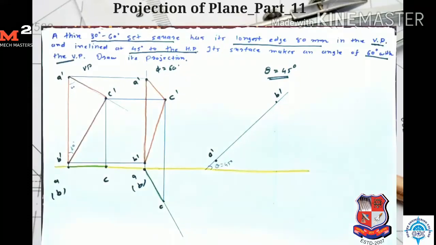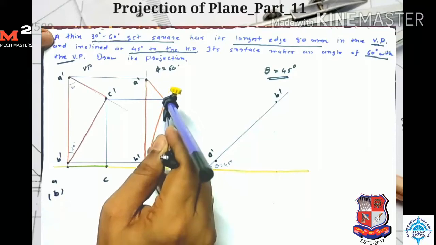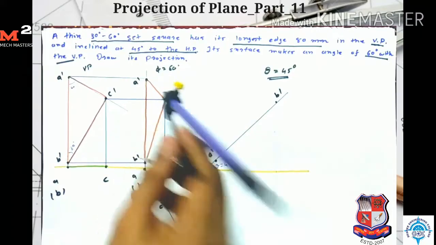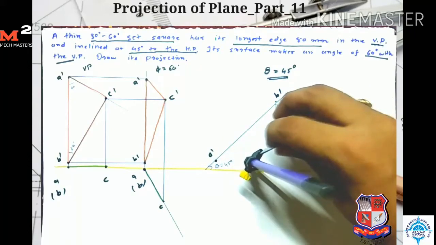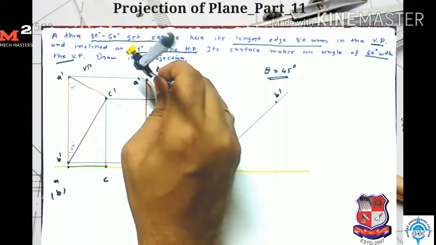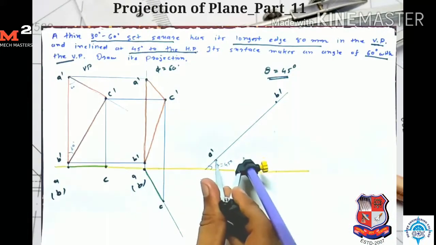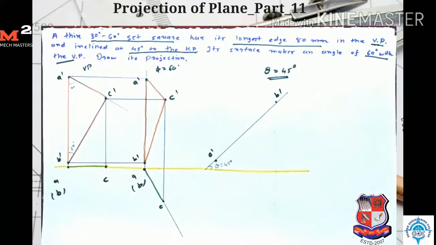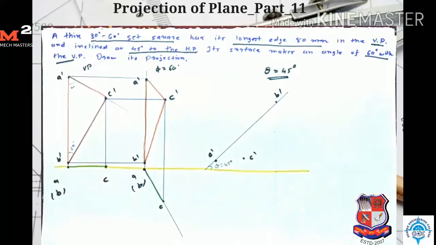Now for getting C dash, I measure this distance. Now I take B dash as the center and draw one arc here. Then I take A dash C dash as the radius and draw one arc here. The intersection of these two arcs gives me my point C dash.